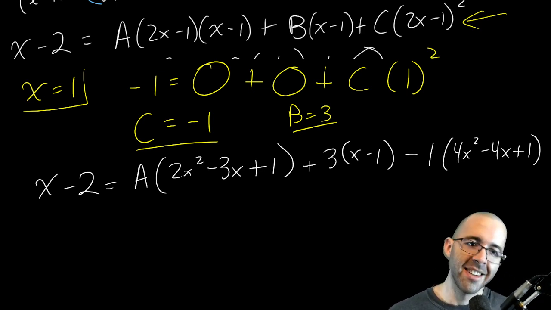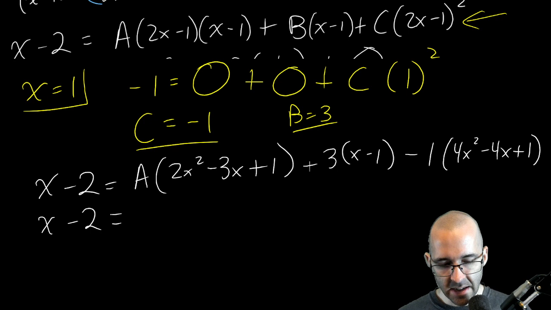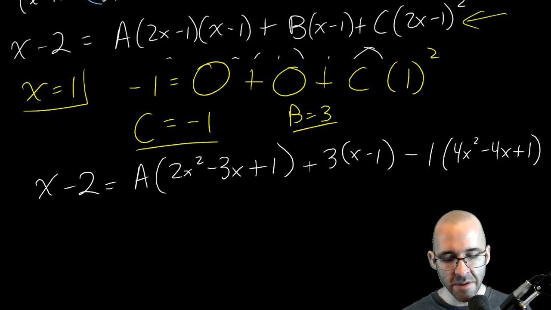All right. Keep it going. Let's keep simplifying. Actually, we don't have to keep going. We could stop right now and equate coefficients. We could equate the x squared coefficients.